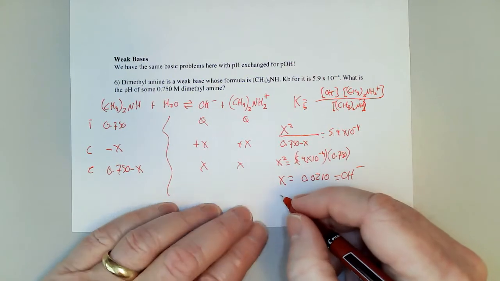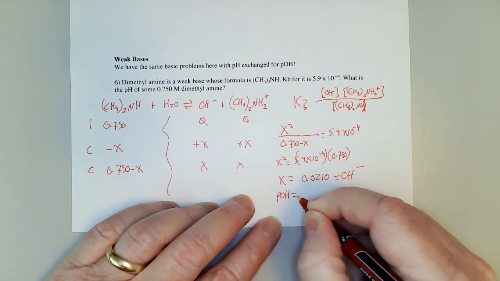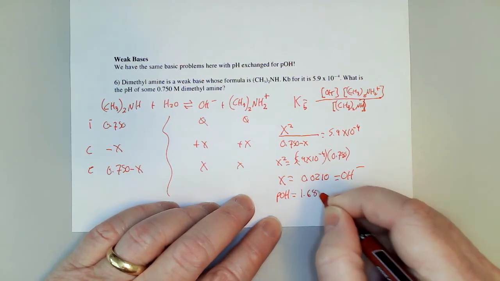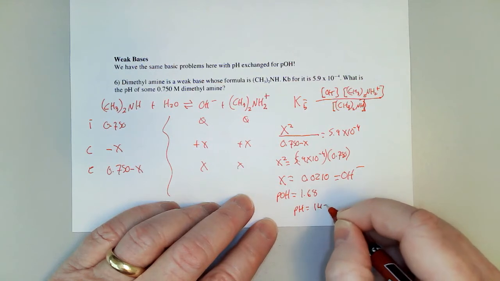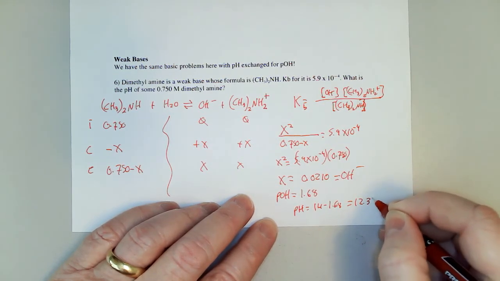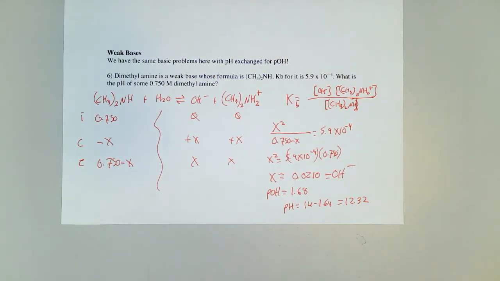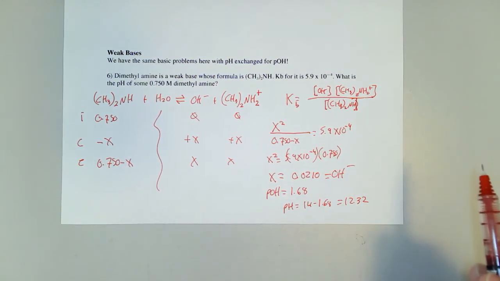So what we actually end up getting is the pOH when we take the negative log, which is 1.68. So the pH is 14 minus 1.68, which is 12.32.